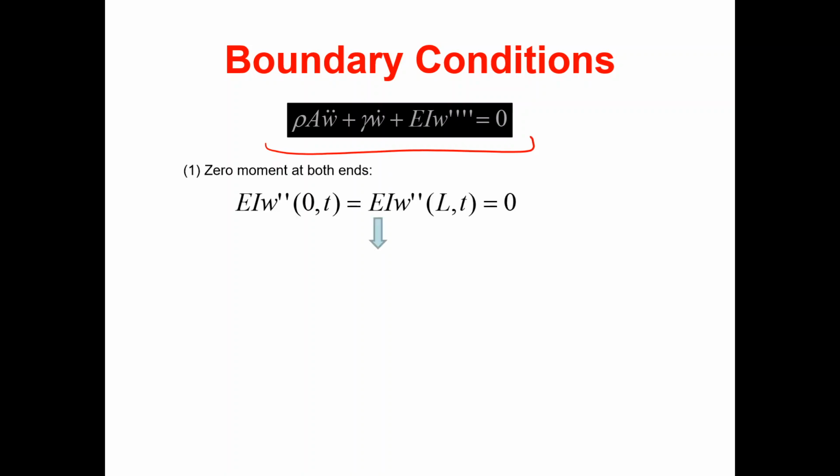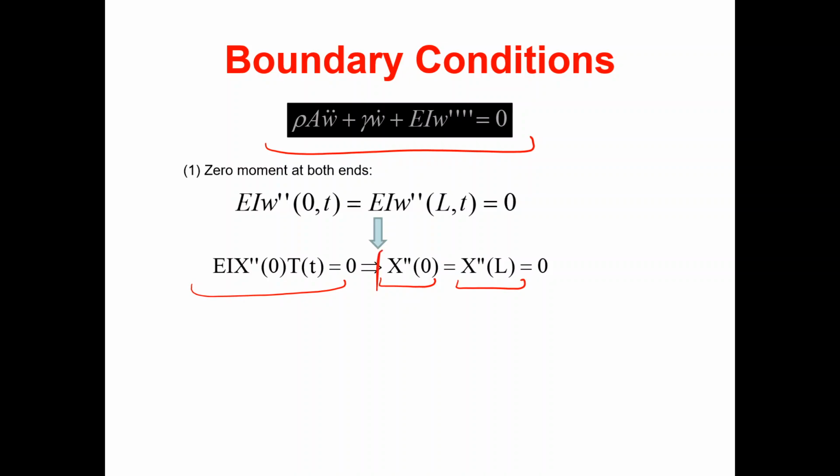We have zero moments at both ends, which means that at each time your EI omega double prime at one end is going to be equal to EI omega double prime at the other end is going to be equal to 0, which means that the X function, because we have to transform that function to the new function, at x equals 0 and L, its second derivative is going to be equal to 0. So these are two boundary conditions, but we have four coefficients, so we need four boundary conditions.